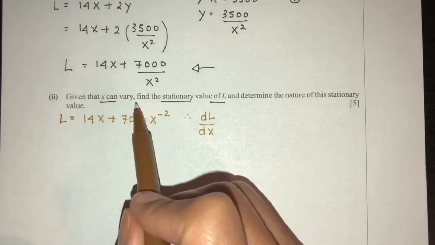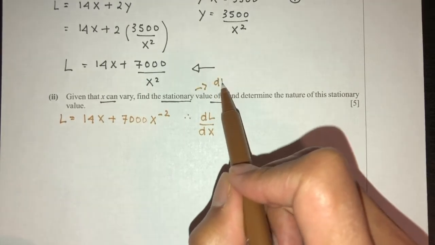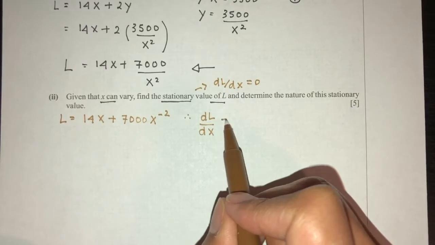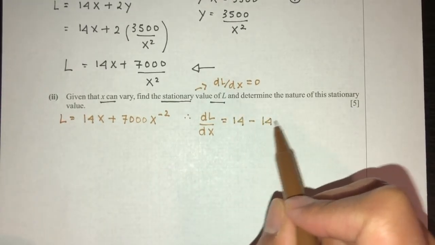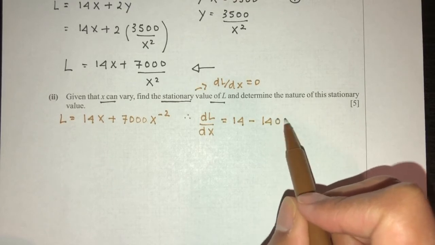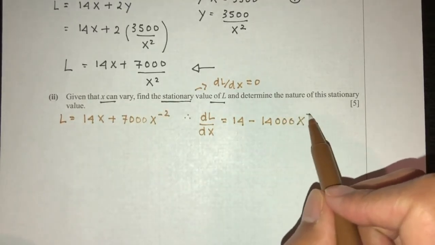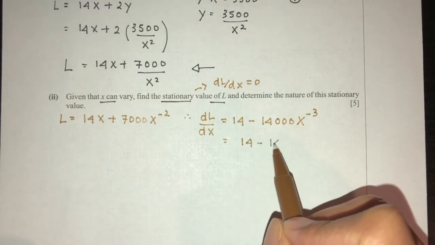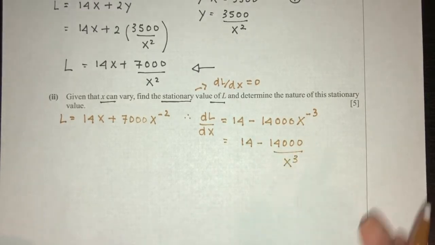Because we know at stationary value, dL by dx is 0. So we have to find dL by dx. That is equal to 14 minus 14,000. So we have to multiply by the power first, and then minus 1, make it minus 2. So that will be 14 minus 14,000 divided by x power 3.